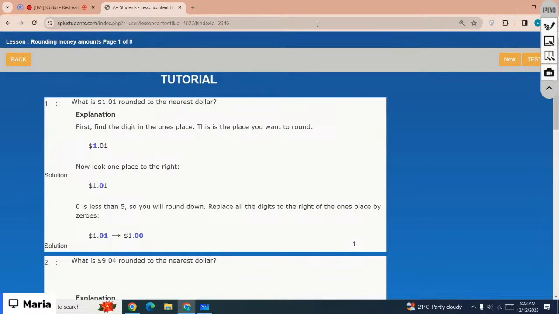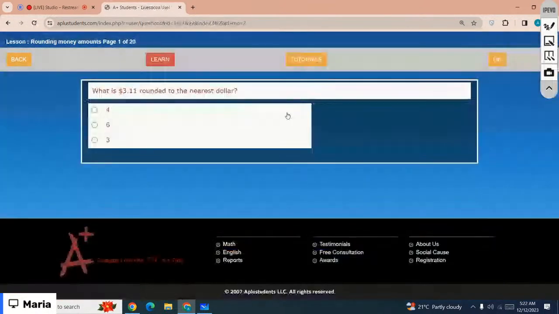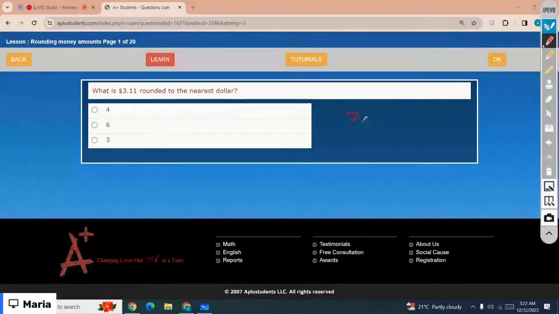Let's just start with questions. Here you have to round money to the nearest dollar, right? Here you have 3.11. This is the dollar amount and this is the amount in cents, right? You need to round to the nearest dollar.